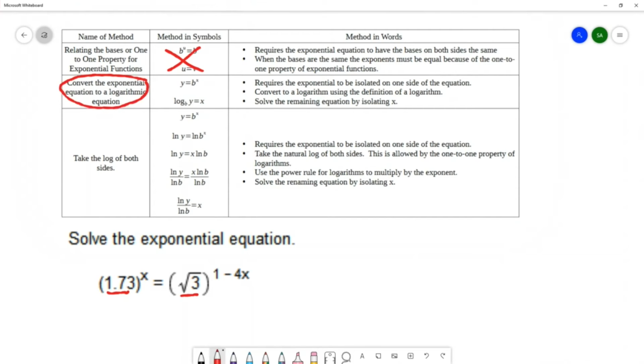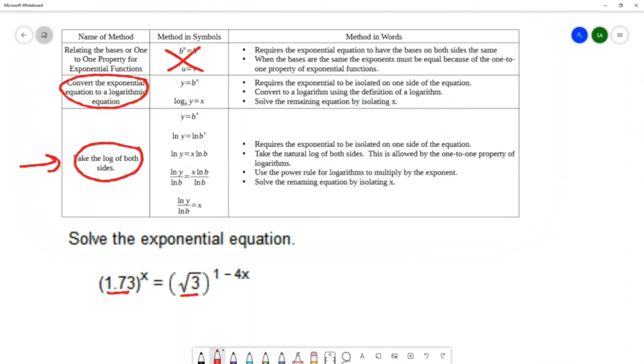So we're going to use one of these other methods. We could convert the equation to a logarithmic equation, or we could take the log of both sides. Either one will work. I usually prefer to take the log of both sides, because it makes it easier to type in my calculator.